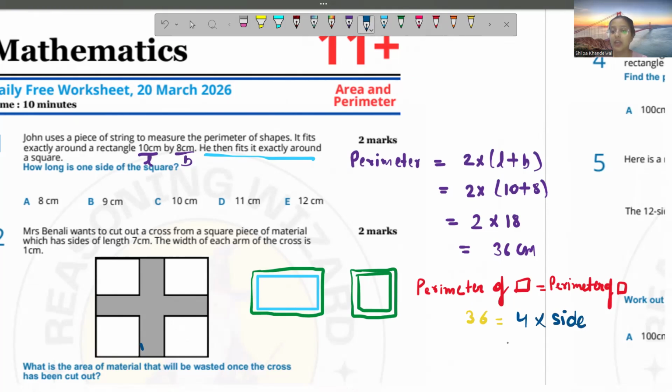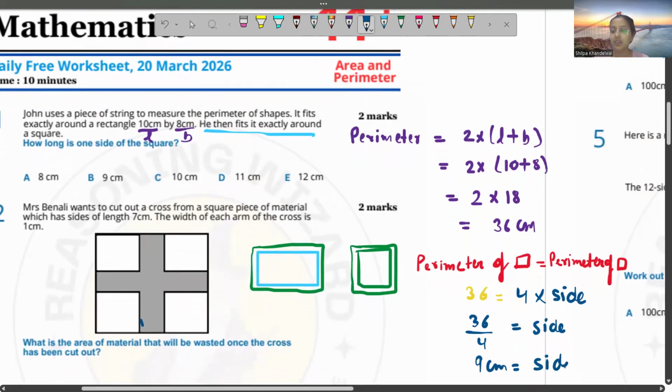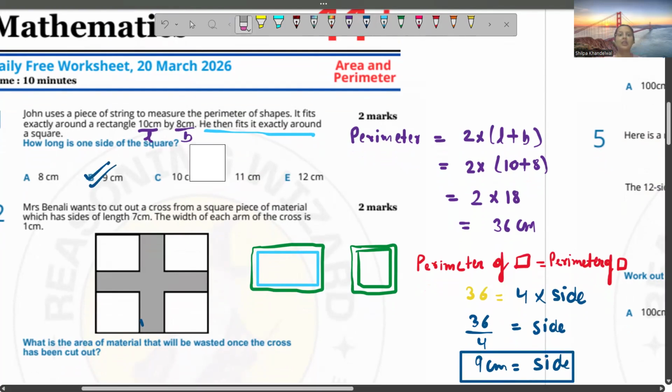So now what do we have to do? We just need to divide 36 by 4, because if 4 is in the multiplication, when you shift it, it will get opposite. So from multiply, it will go to division. Now 36 divided by 4 is nothing but 9 centimeters, and that's the side of the square. Pretty simple, isn't it? So our answer is 9 centimeters.